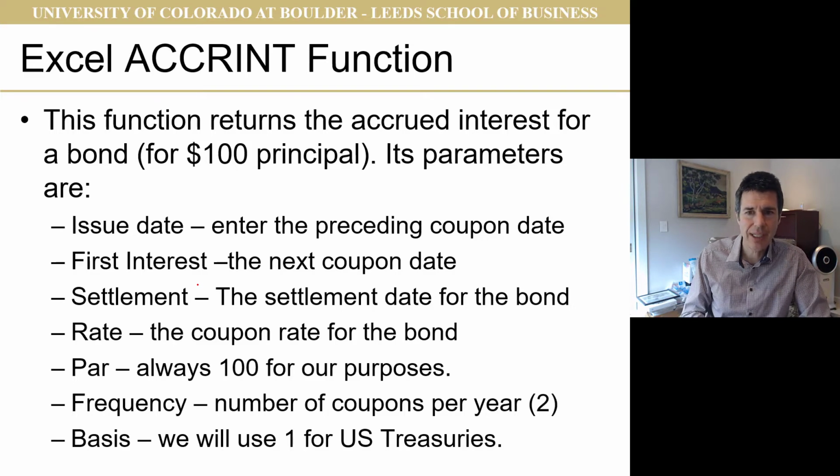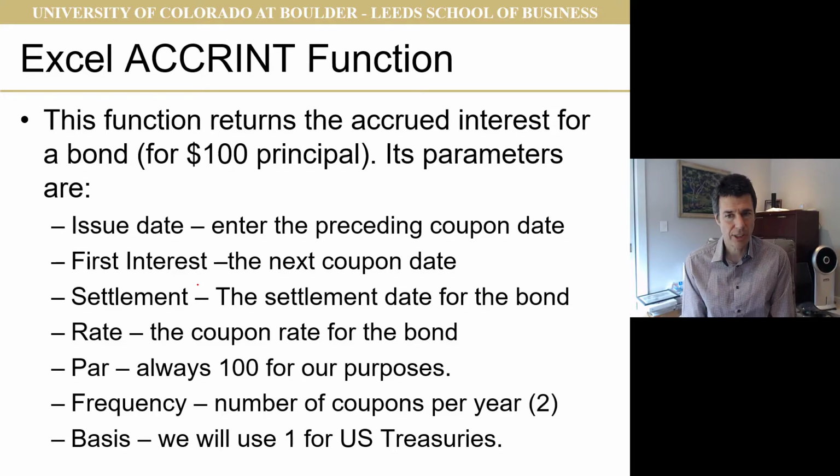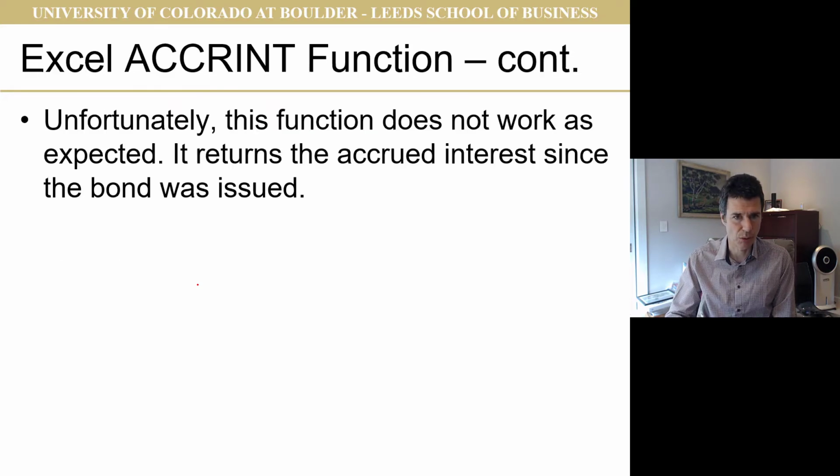So for issue date, we want to pass the previous coupon date. For the first interest date, we want to pass the next coupon date. So we have to calculate those using COUPPCD and COUPNCD. We pass the settlement date, the coupon rate, par for our purposes 100, the frequency, twice a year, basis 1 for treasuries, and we will get the accrued interest.